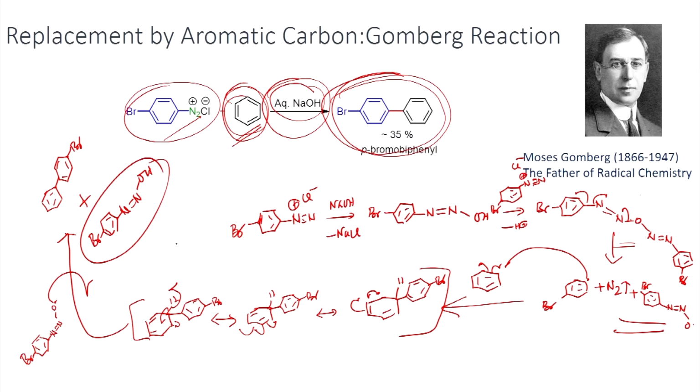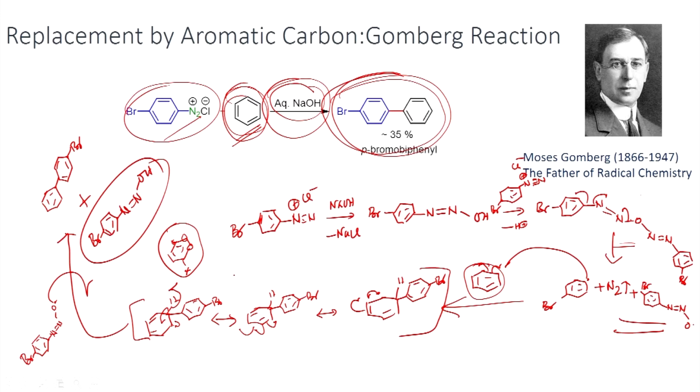If you have, for example, a symmetrical substrate, or simple benzene, you will be able to get this product. On the other hand, if you have the substituted benzene, for example you have the substituent, the reaction can take place at ortho position, meta position, para position, then you will end up with a mixture of compounds.